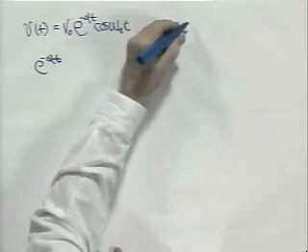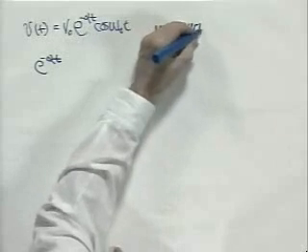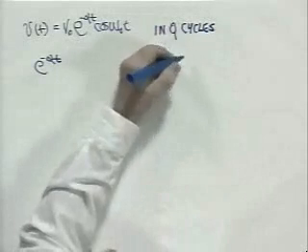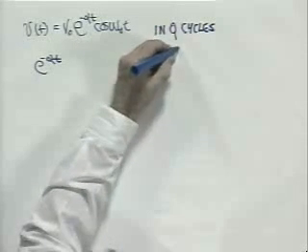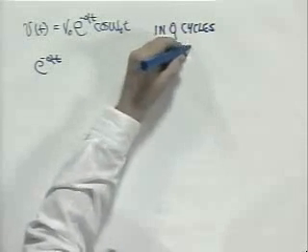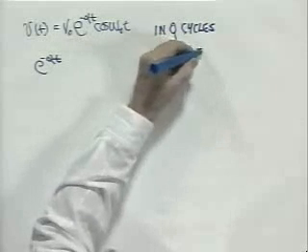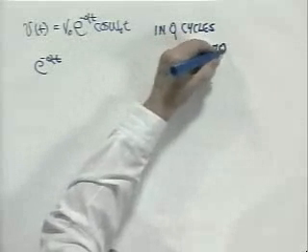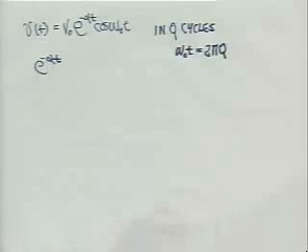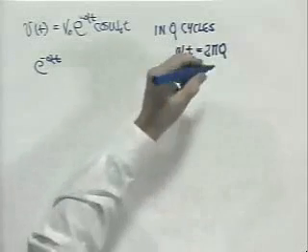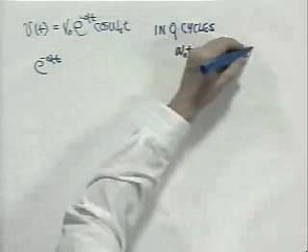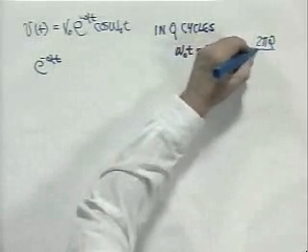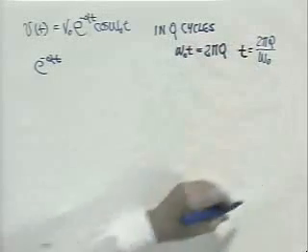In other words, omega naught t after Q cycles will have the value 2 pi times Q. So t is 2 pi Q over omega naught.